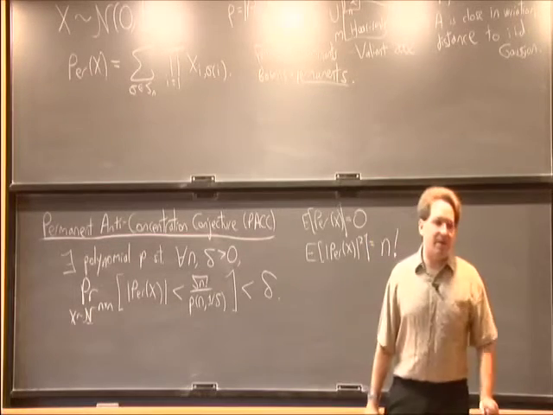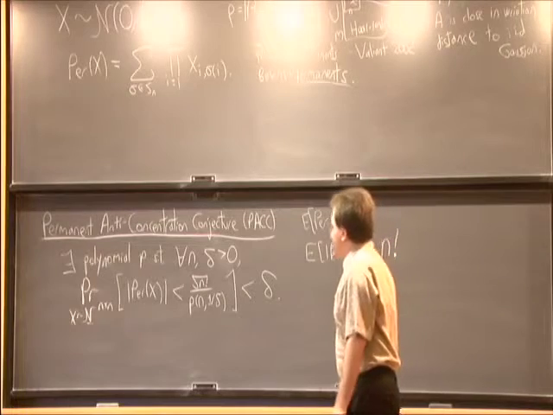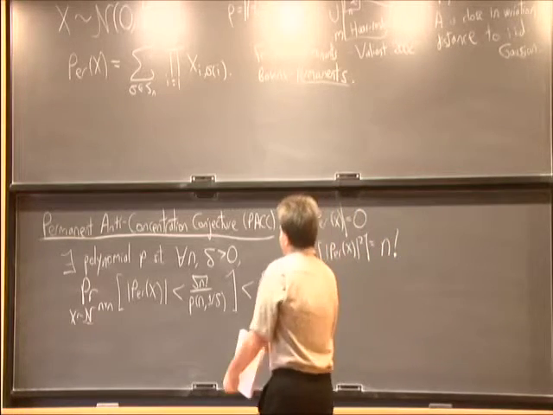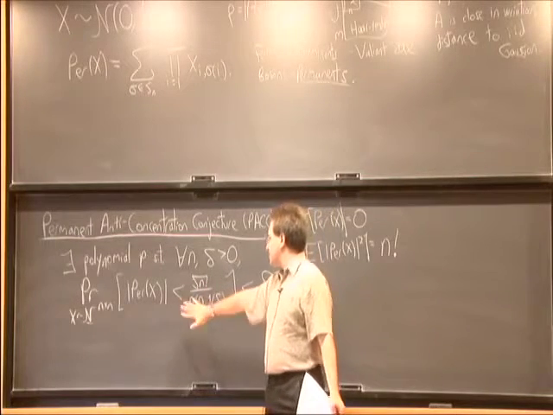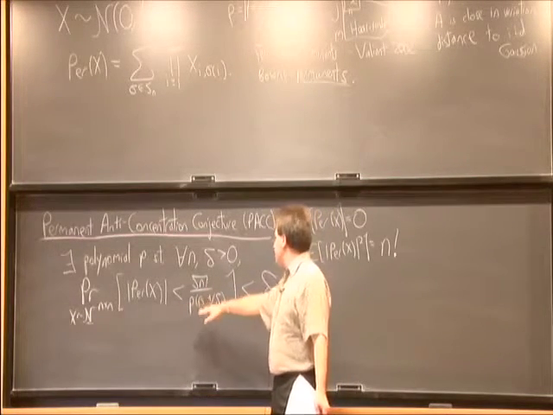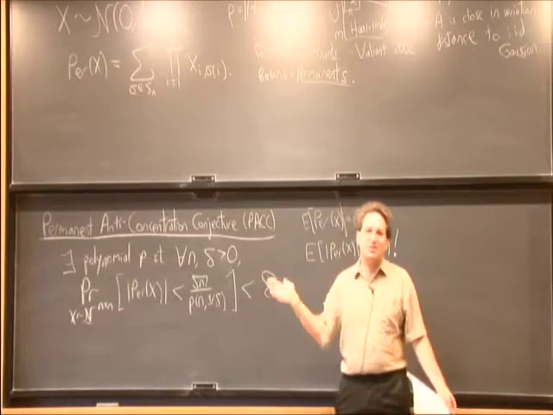More formally, it says that the probability that the permanent is less than the standard deviation divided by some polynomial factor is itself at most 1 over polynomial. That's intuitively what it says.